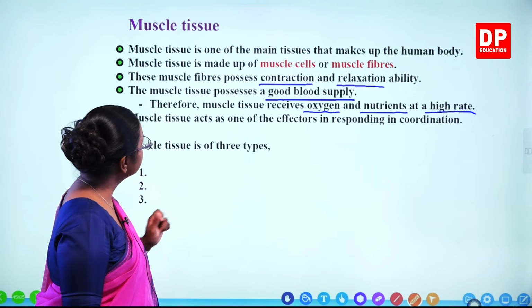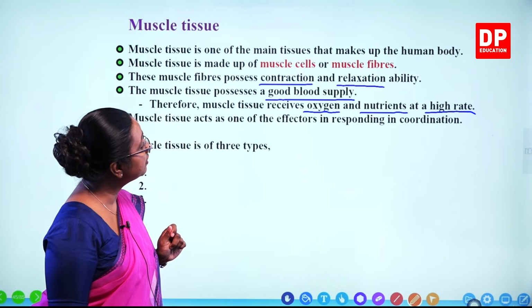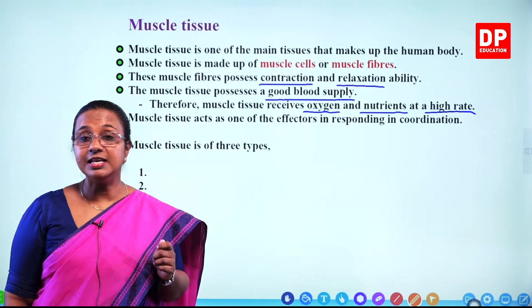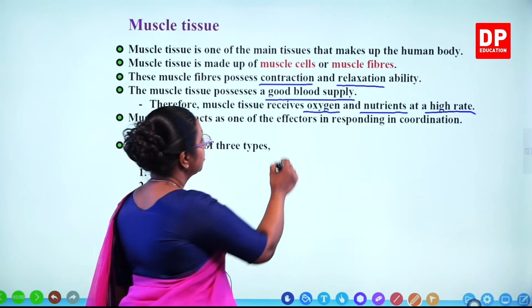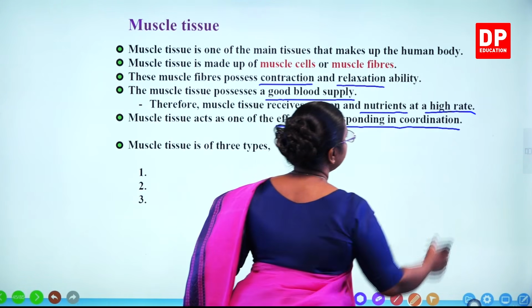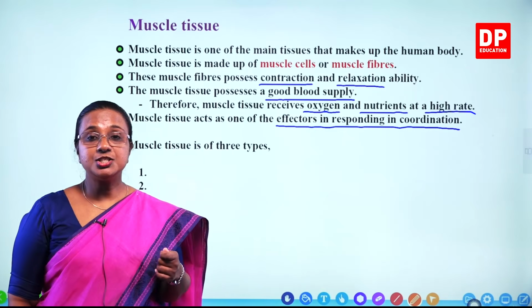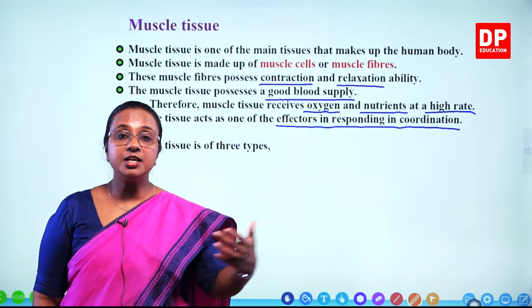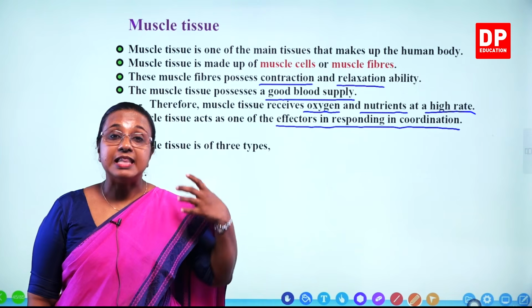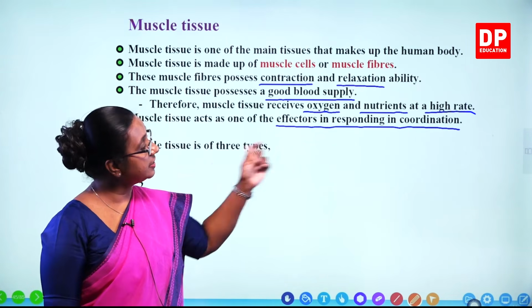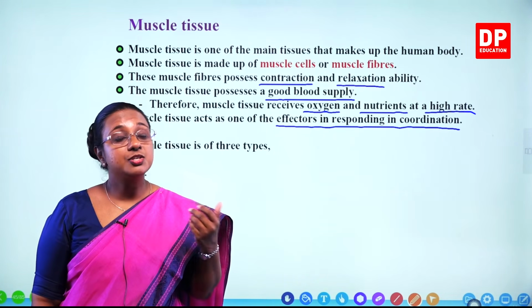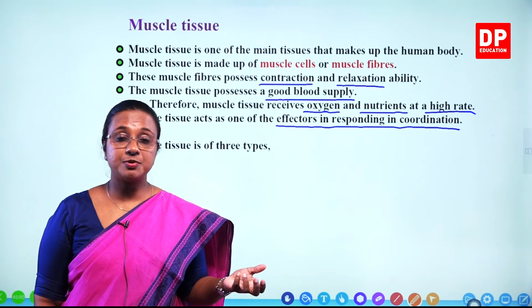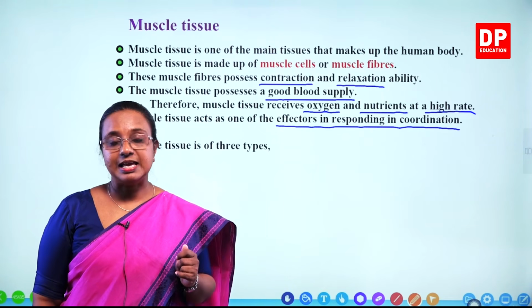And the muscle tissue acts as one of the effectors in responding in coordination. When we say coordination, when you touch a hot object, you draw your hand away. That whole process together is coordination. There are so many other coordination processes we will learn later.